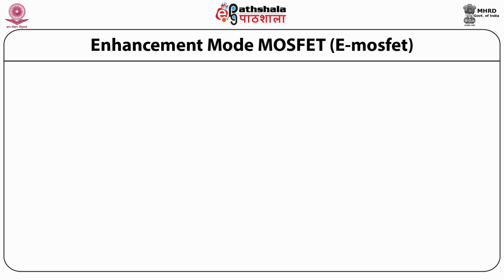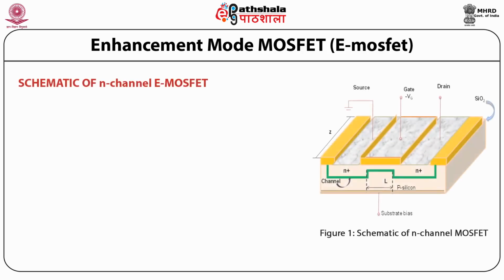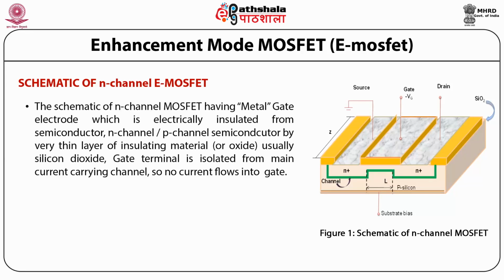Enhancement mode MOSFET. Let us now discuss the schematic of N-channel E-MOSFET, or enhancement mode MOSFET. So students, this figure shows the schematic of an N-channel MOSFET having a metal gate electrode which is electrically insulated from the semiconductor by a very thin layer of insulating material or oxide, usually silicon dioxide.